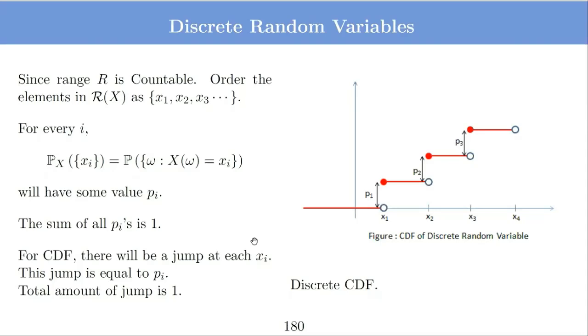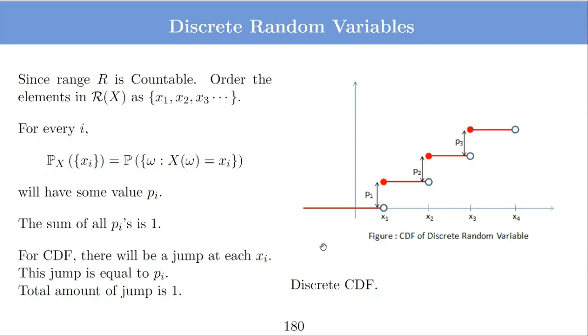So once you include this xi, you get a chunk of events also being added to your pre-image, and because of that, the probability of the pre-image will increase. So for each xi, you will see there is a jump which is equivalent to pi.